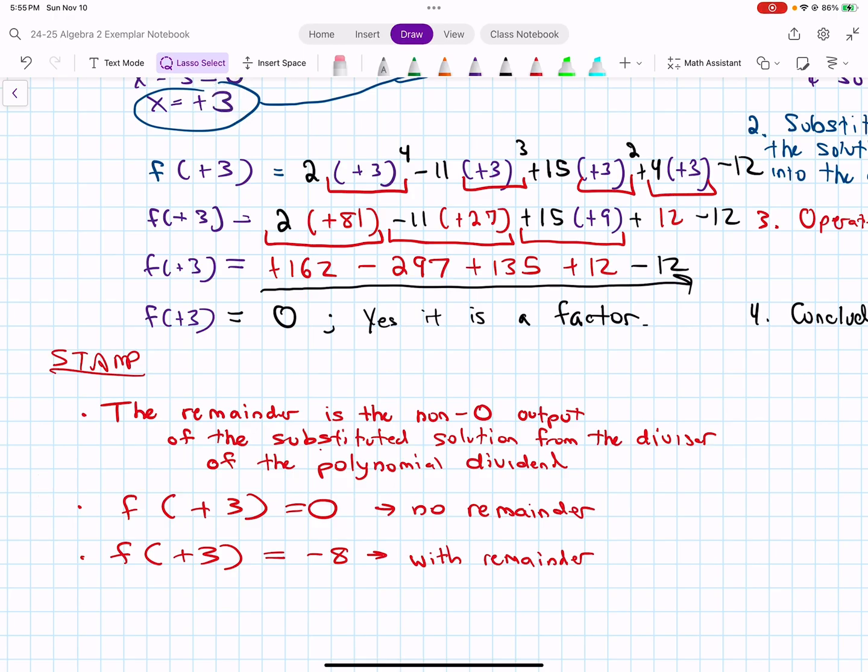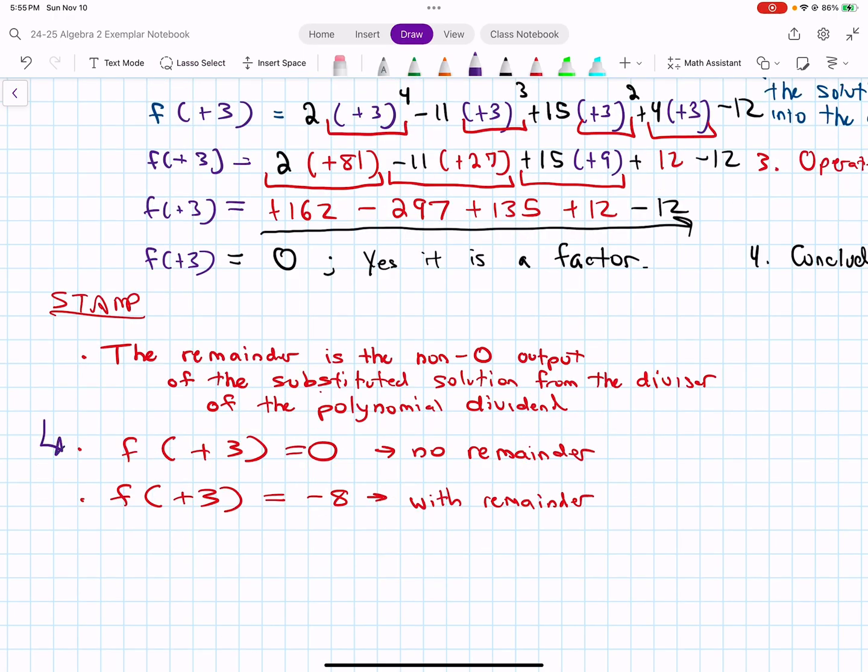In layman's terms, f of positive 3 equals 0 means there's no remainder. It is factorable. If f of positive 3 equals negative 8, with a remainder, it is not factorable.